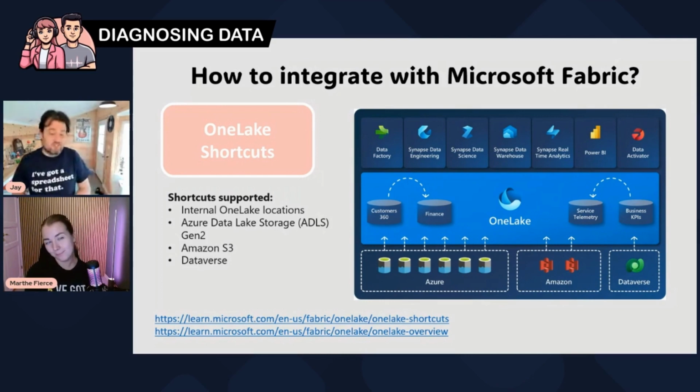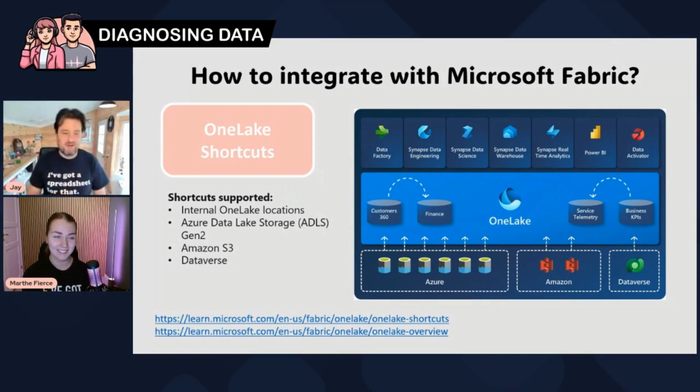I mean, the goal is eventually to work with everything, but define everything, right? But absolutely, the goal is not to just have this as an Azure only capability. As you can already see, we link out to Amazon S3, for example, or Dataverse, which is still Microsoft but not Azure, but Amazon S3 is absolutely not Microsoft.